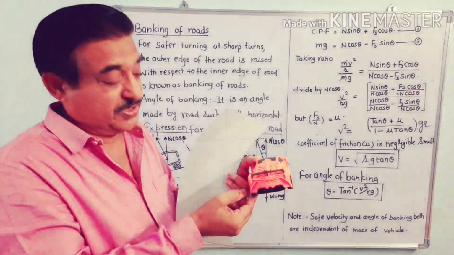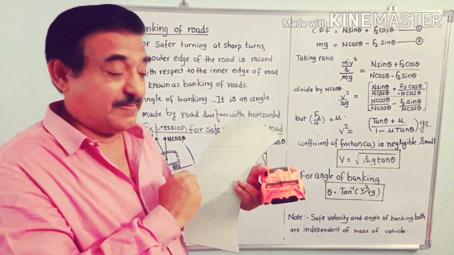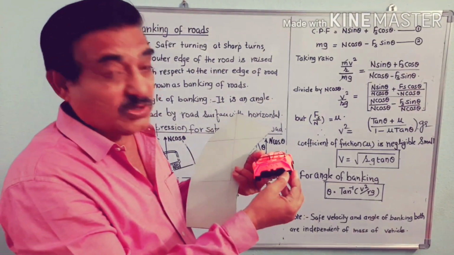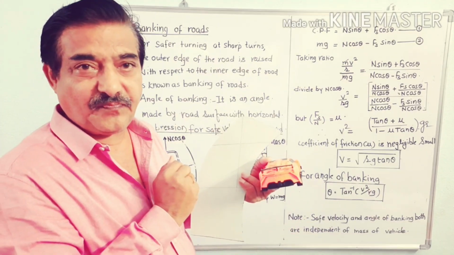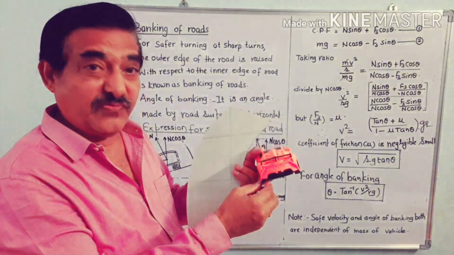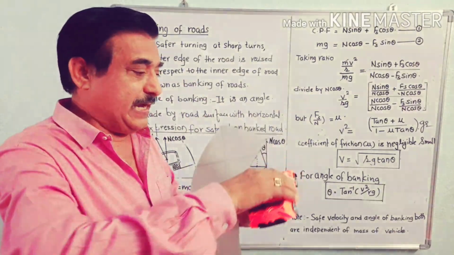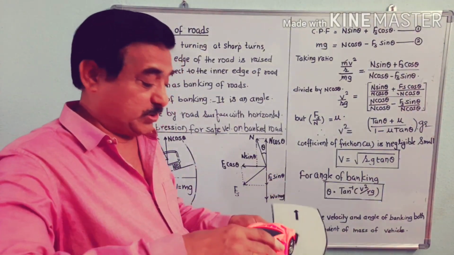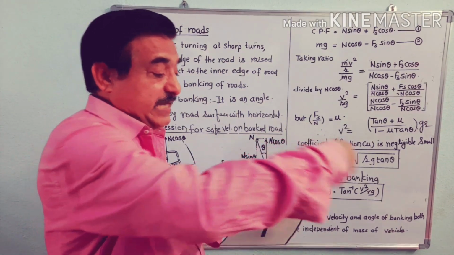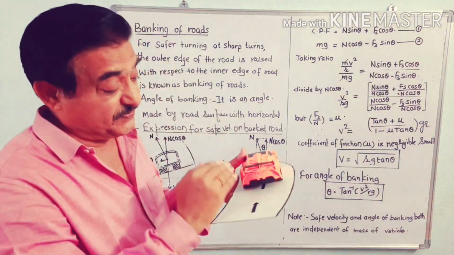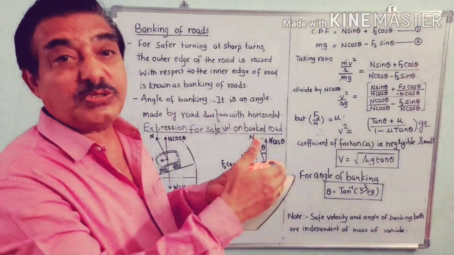It means this lateral thrust acts in the inward direction, and there is no excessive pressure on the outer wheel. The pressure on the inner wheel is greater than on the outer wheel, and as the vehicle moves along the banked road, the centrifugal force shifts the load of the vehicle from the inner wheel to the outer wheel.